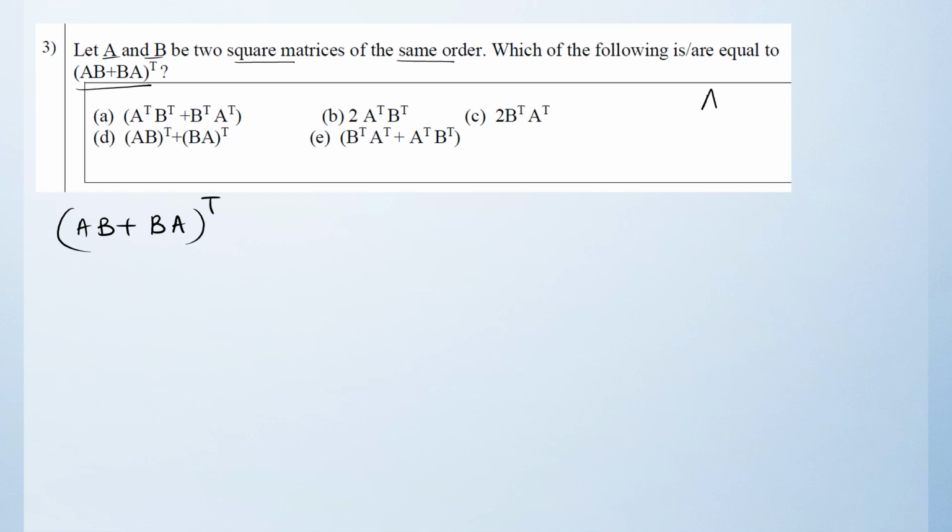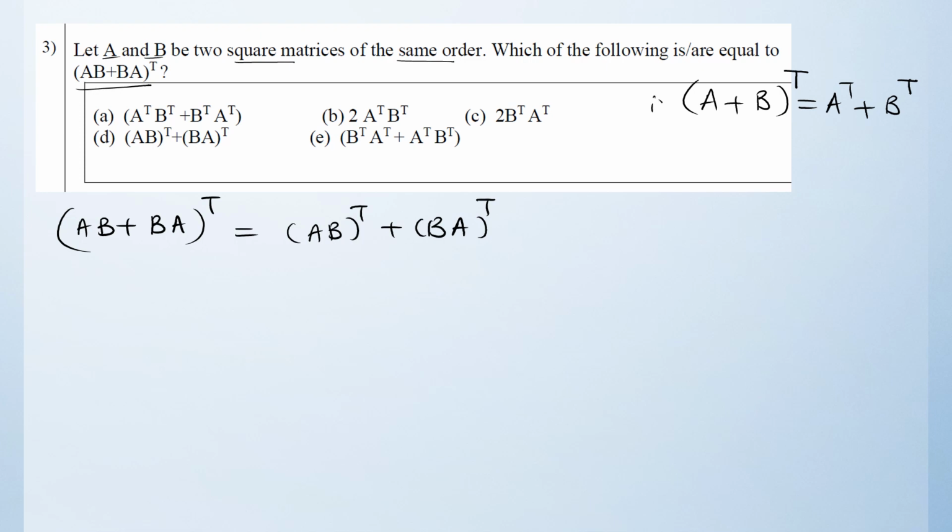We know that for any two matrices of the same order, (A + B) transpose is equal to A transpose + B transpose. You can use that result and we have (AB) transpose + (BA) transpose.